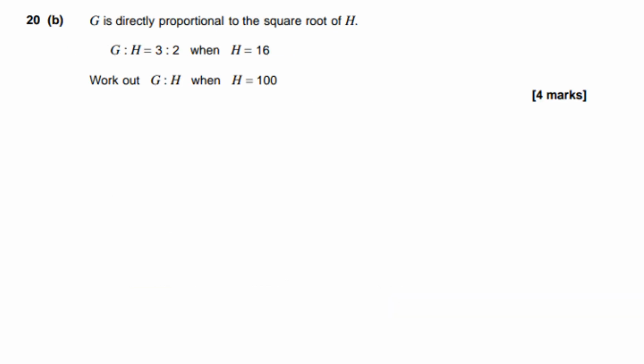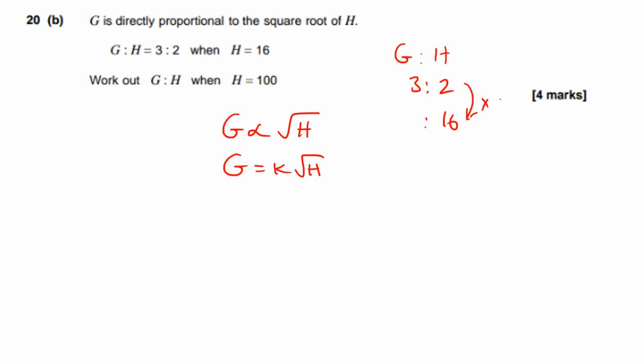Right, for question 20, we have G is directly proportional to the square root of H. So we've got G is directly proportional to square root of H, which is G is equal to K root H. So if G to H is 3 to 2, then H is 16. We are timesing this with 8, so that's going to give us 24.